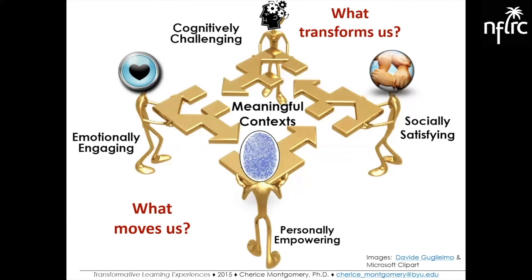In other words, what moves students are things that are emotionally engaging and personally empowering. What transforms students are opportunities to think differently about the world and to do that in socially satisfying and supported ways.